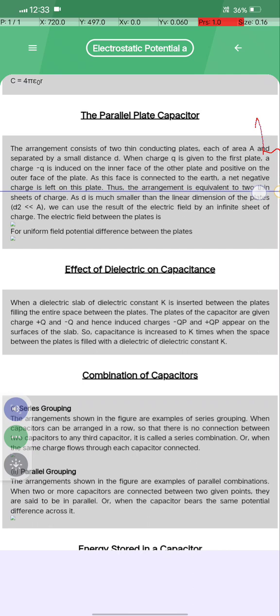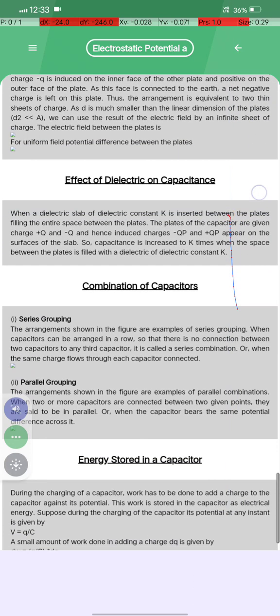Thus, the arrangement is equivalent to two thin sheets of charge. As d is much smaller than the linear dimension of the plates, d² is less than A, and we can say A is much bigger than d². We can use the result of the electric field due to an infinite sheet of charge, and the electric field between the plates is a uniform field, giving the potential difference between the plates.